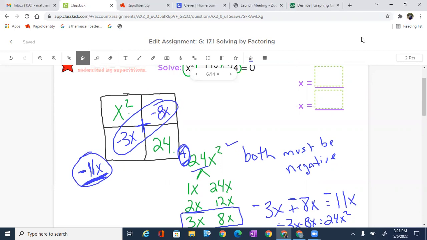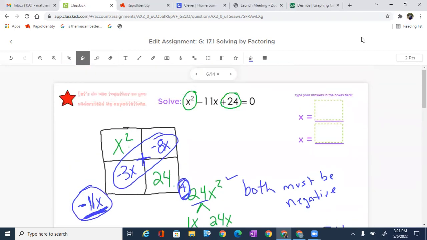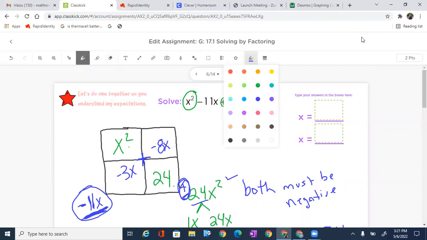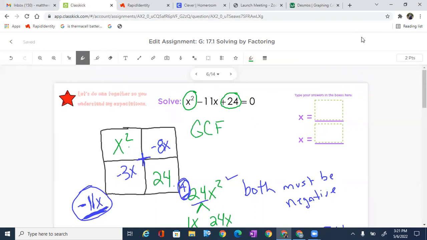Now, once we're here, we are going to go ahead and find our greatest common factor. And what we're going to do is pick one row. It doesn't matter which one it is. We are going to find the greatest common factor from that row. So I'm going to circle this one right here. Let's find the greatest common factor from there.